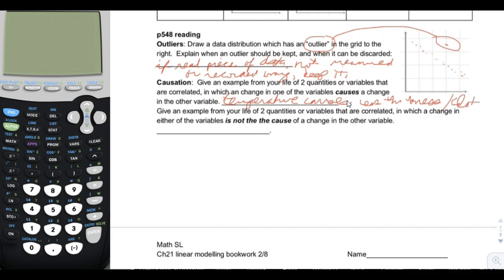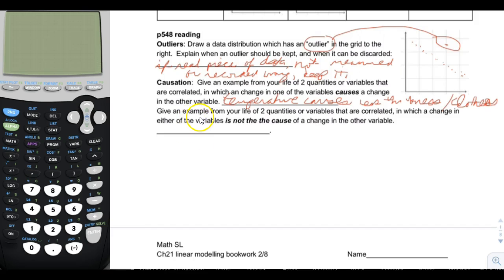Okay? So here there's not only a correlation, but the temperature causes the thickness in the clothes to be less. And it's not the other way around, right? It's not thin clothes cause hot temperatures or vice versa, right? The temperature is the one that causes the clothes to be thinner.